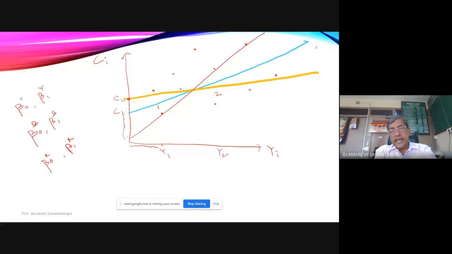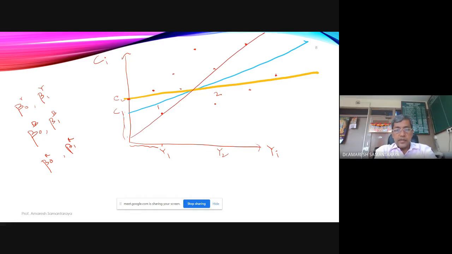The blue line is the second way. The red line may be the third way. These three lines, in fact, there could be infinite lines, right? There could be infinite lines which can be drawn to explain the relation between Ci and Yi. Some of them will explain the relationship in a better way. Some of them will explain it in a not so good way.